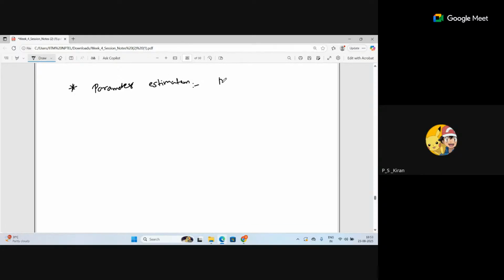We learned MME, the method of moments estimator. Then we learned MLE, which is maximum likelihood estimator, and another one is the Bayesian estimator. For this course, we will be learning about the maximum likelihood estimator.